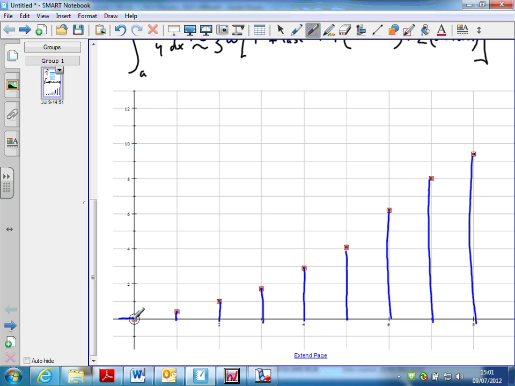And then when x equals 1, the second ordinate, well, this will be this value here. The third ordinate would be that value there. The fourth ordinate would be this value on the y-axis, and so on. So that would be the fifth ordinate, and so on, up to the last ordinate here. So the first ordinate will be this one, 0 in this case.